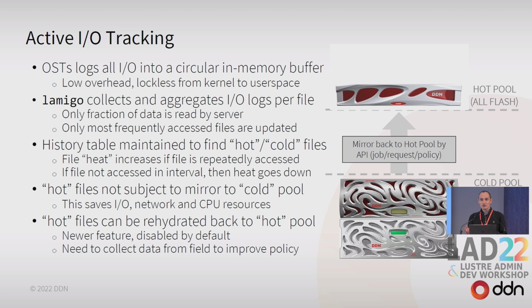In this case, it would be nice, in order to improve the application's performance, to automatically mirror this file back to your flash pool. This is a newer feature. It's still disabled, because there is still some work needed on the fine-tuning to find the best parameters to decide which files to mirror back automatically.